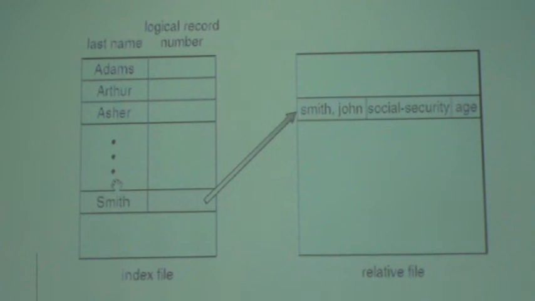We find the index, here it's the master index first. It doesn't store the data directly, it stores the logical record number. Once you find the number of the logical record, then we find the relative file.